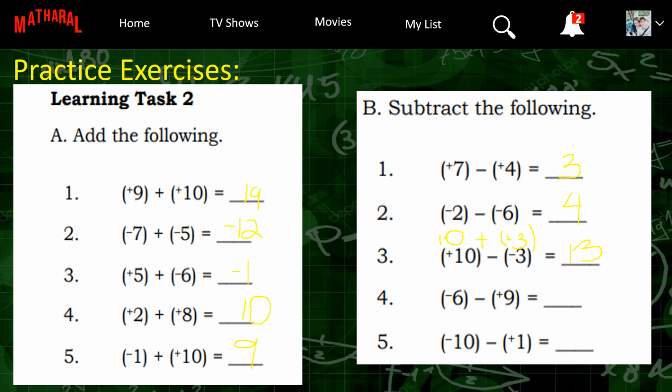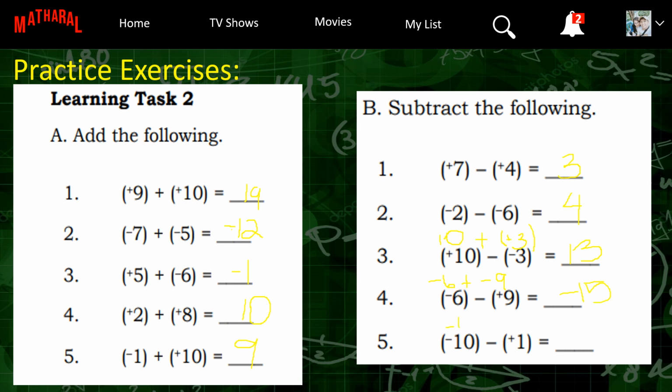Negative 6 minus 9. That is negative 15. Why? How can we justify it? So, ganito lang po yan. Keep negative 6. Change subtraction to addition. And then, take the opposite of positive 9. That is negative 9. Di po ba? Rule number 1 po ito. So, kaya negative 15. In here, so, ganito pa rin.